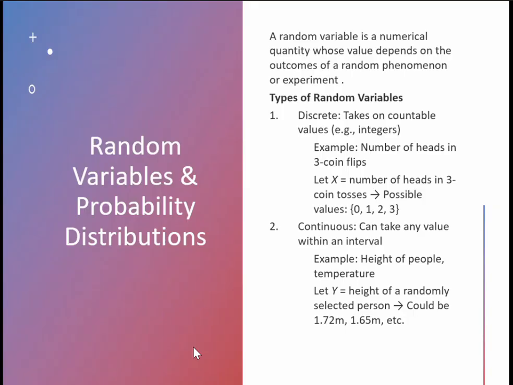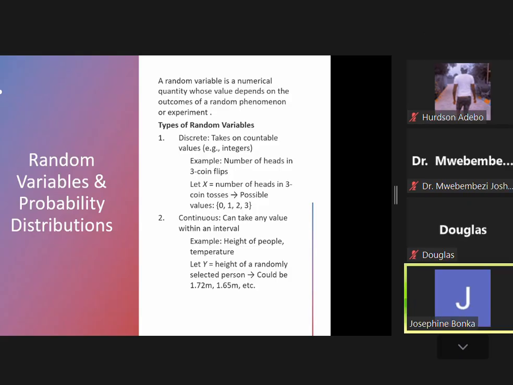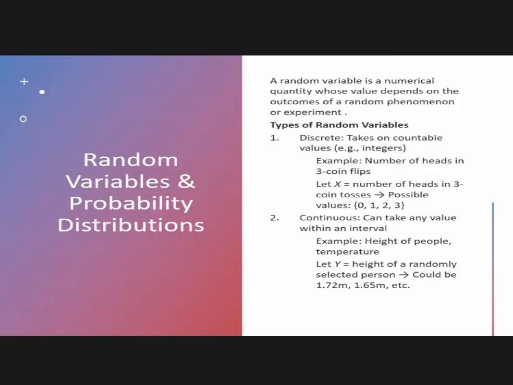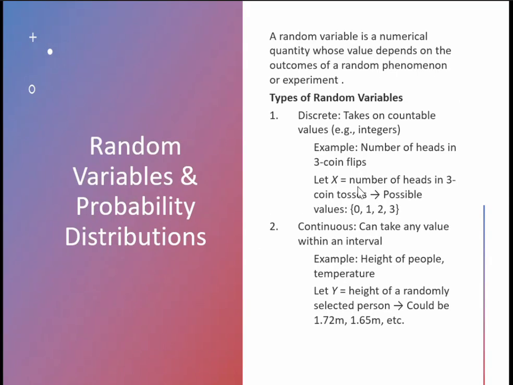Okay, good. So when we are looking at random variables, we are looking at the numerical value, a numerical quantity whose value depends on the outcome of an experiment. For example, I said if I have an expression x is equal to 2, x is my variable and the value is 2.